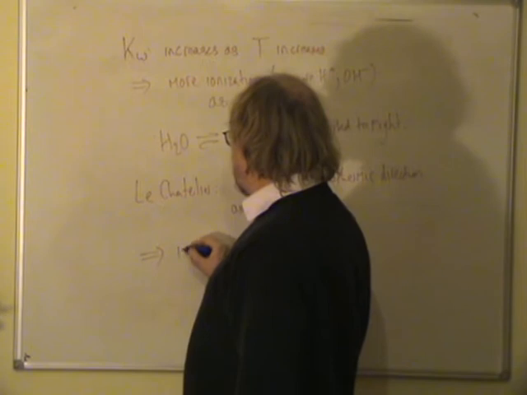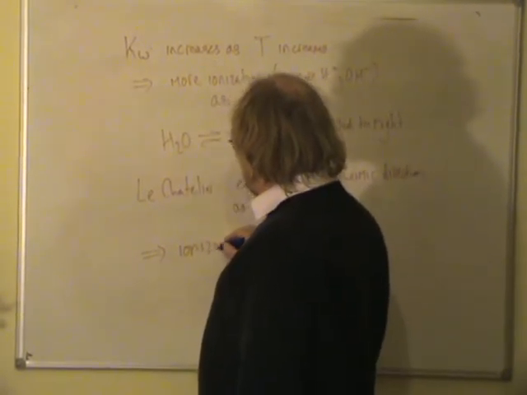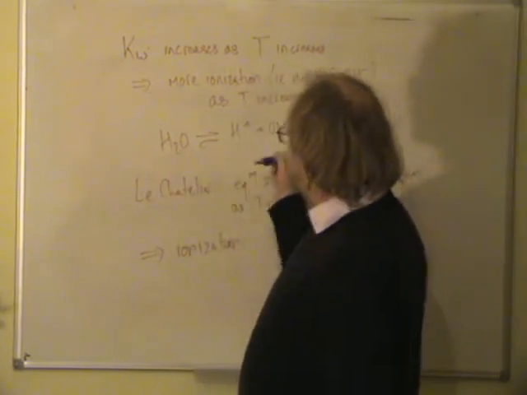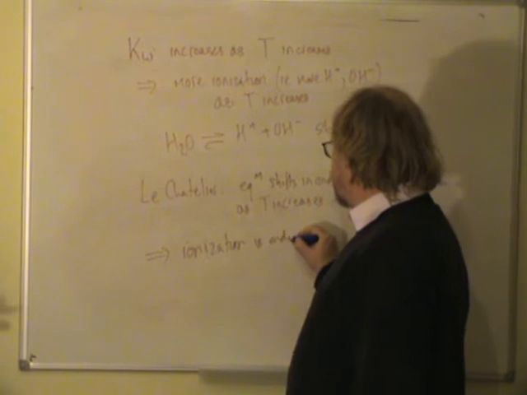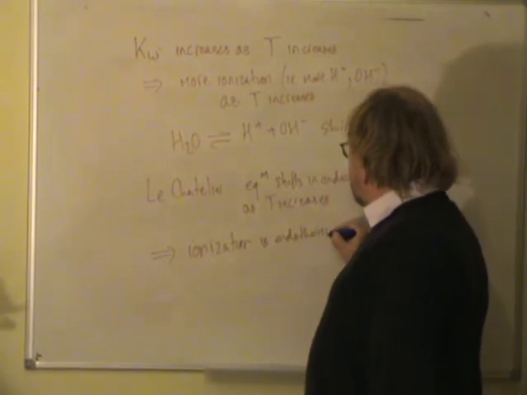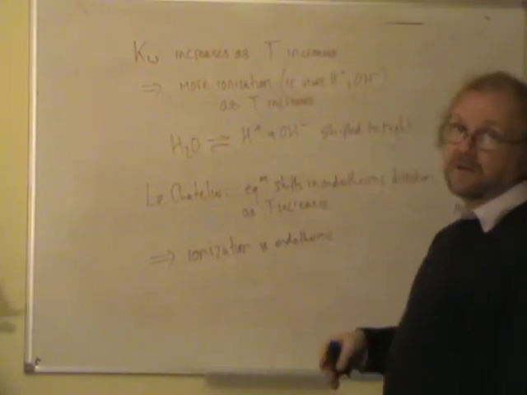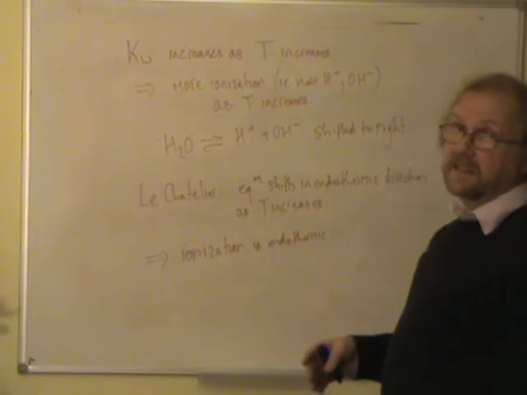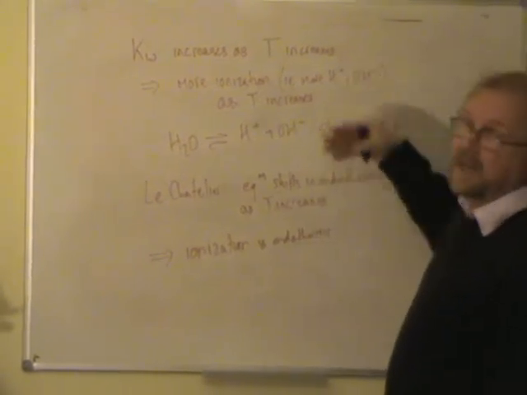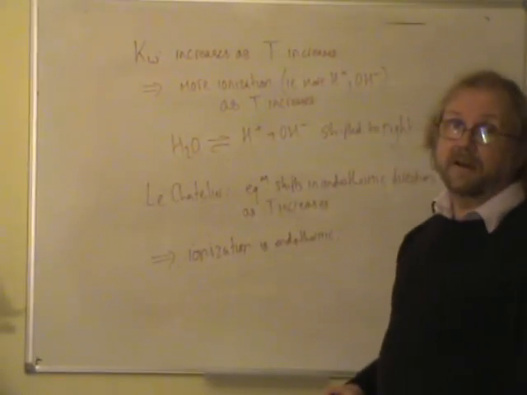Therefore, the answer is that ionization, which is what the forward reaction is, is endothermic. So when it shifts to the right, it's going in the forward direction. Okay, which is quite a lot of work for 1 mark, and you wouldn't actually have to write all that down to get the 1 mark. But that's the thought process, at least, that you need to go through, and you should write down as much of it as you need to make sure you've got it the right way round.